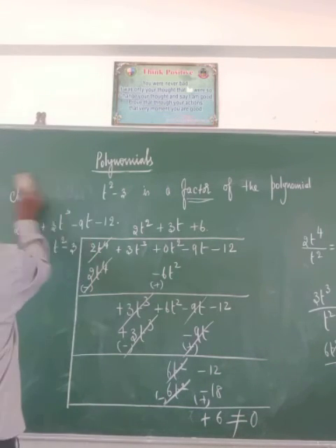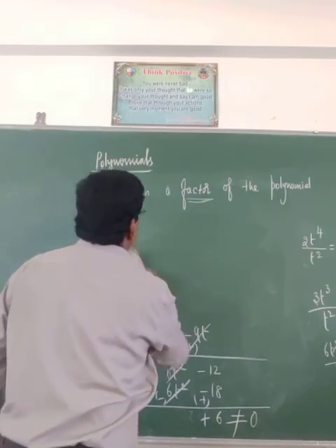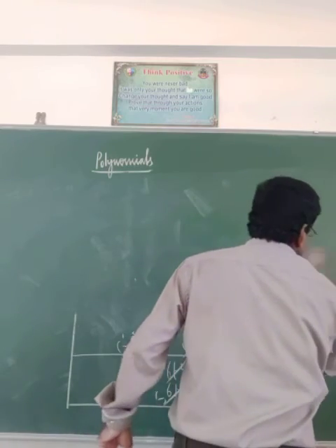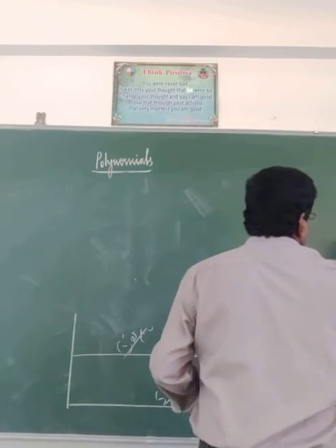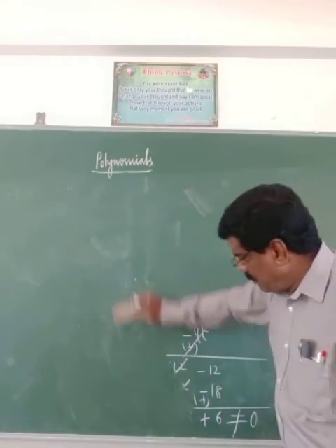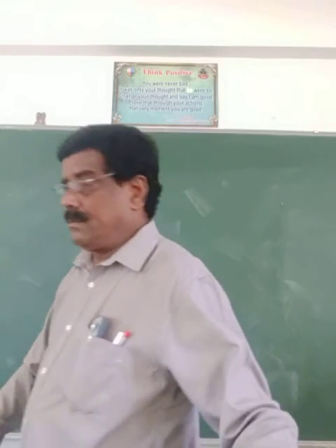Now, the answer is not written here, but to conclude. What's the conclusion now? t square minus 3 is not a factor. You have to write that.